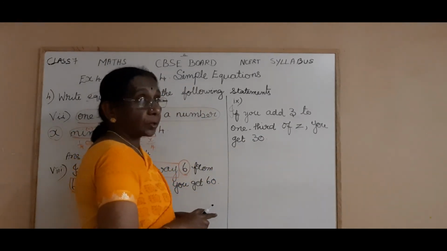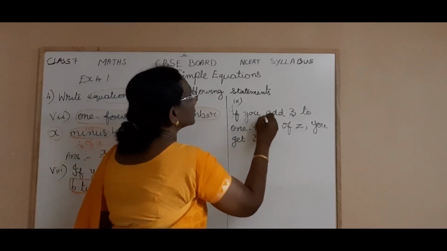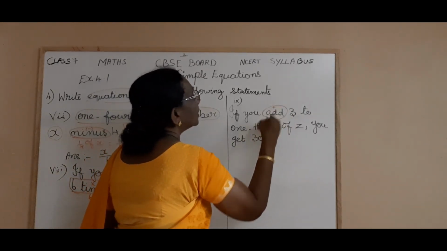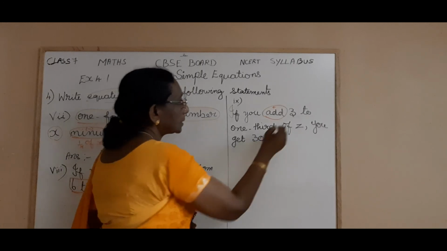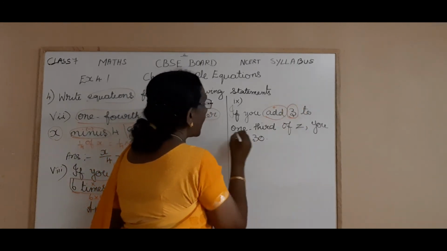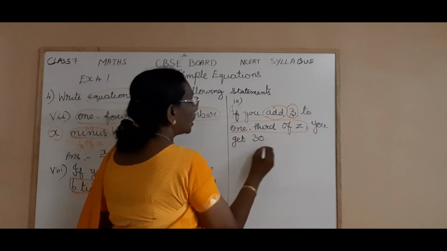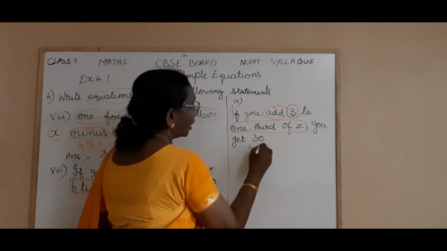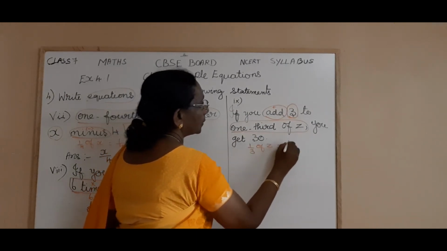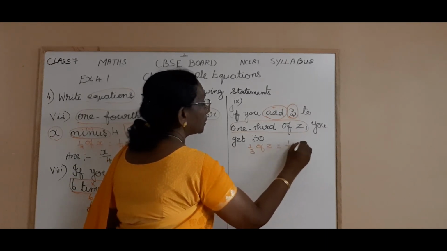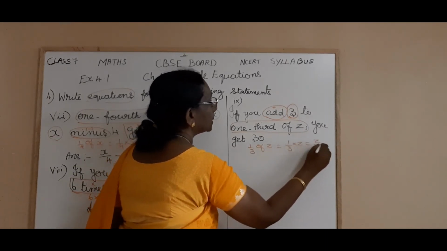So what operation you are doing here? Addition. Which numbers you are adding? 3 and 1/3 of z. Z is the number. So 1/3 of z is what? 1/3 into z, that is z by 3.